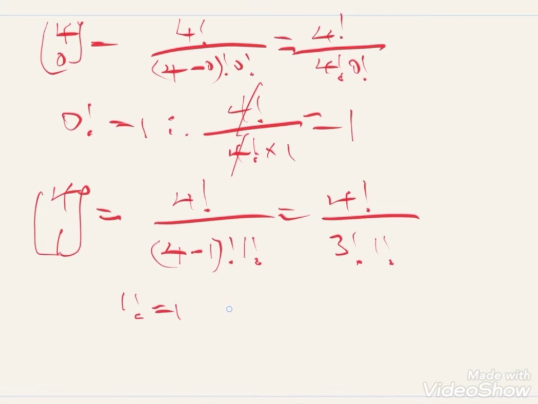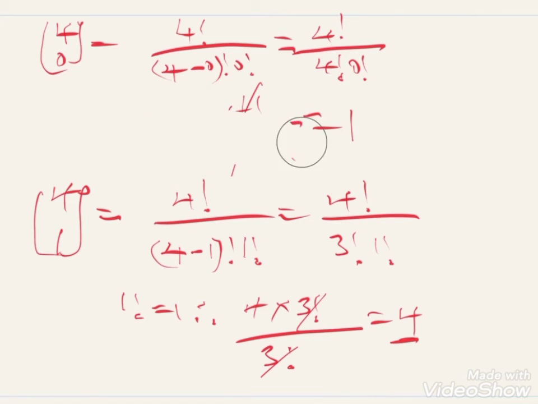Now we have 4 times 3 factorial over 3 factorial. At this juncture, we can cancel out the 3 factorials for us to have 4. So we see that 4 combination 1 is 4. All right, let us clean it up for us to do the other ones.